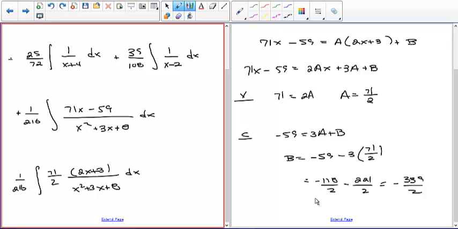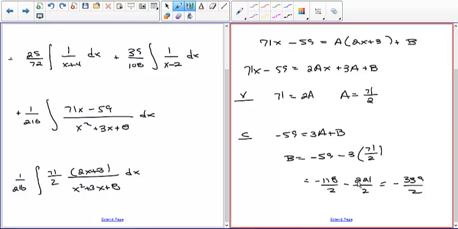It's just my handwriting, probably. Yeah, it's supposed to be 213 instead of 221. Oh, I just multiplied it wrong? Oh, you're right. Yeah, thank you. That's what happens when you use your brain instead of your calculator. 71 times 3, 213. Yeah, you're right. Thanks for catching me before we went too far.